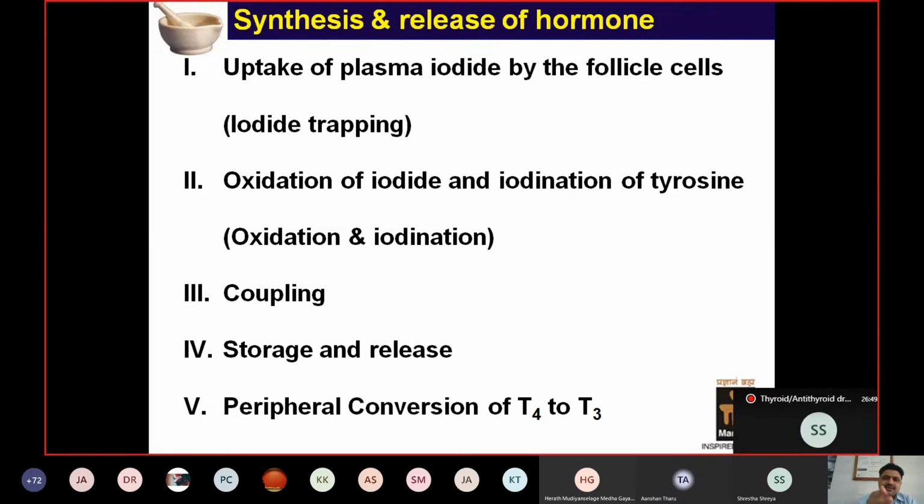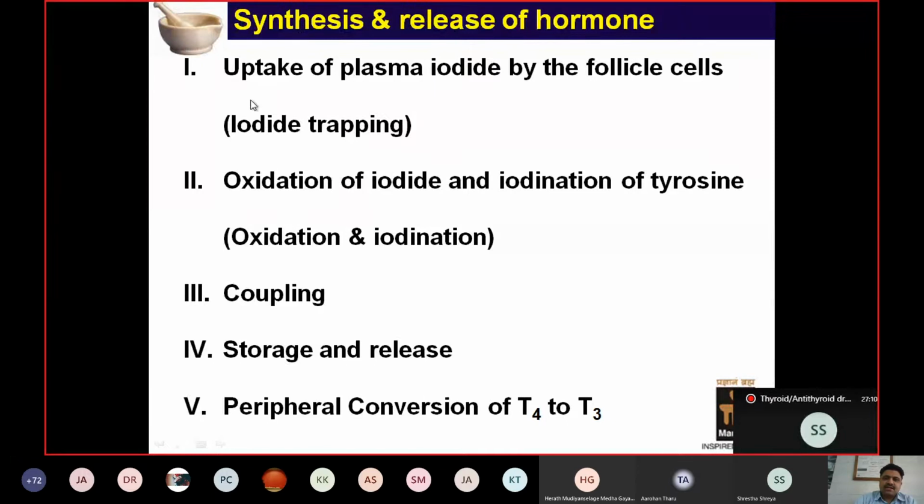To understand that, we have to know the synthesis. I have already said the detail will be covered in physiology, but whatever is important from the pharmacology point of view, I will be talking about, since it has not been covered in physiology. So in physiology you can revise all these things.